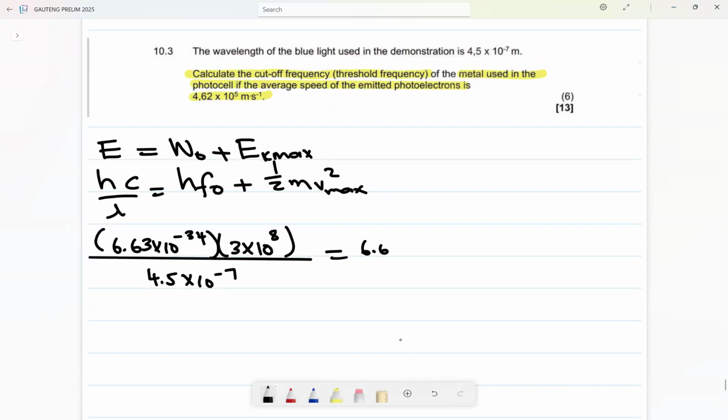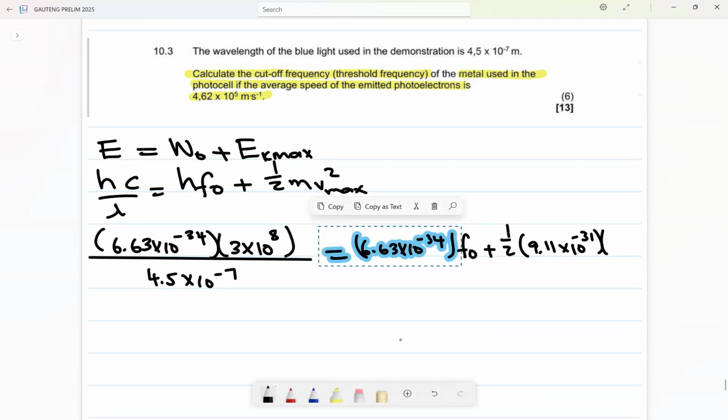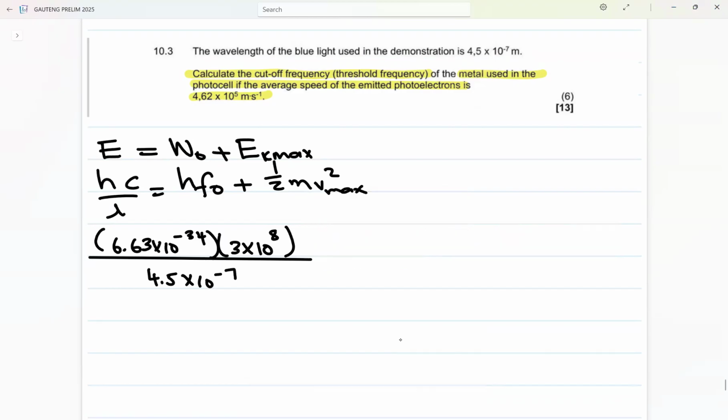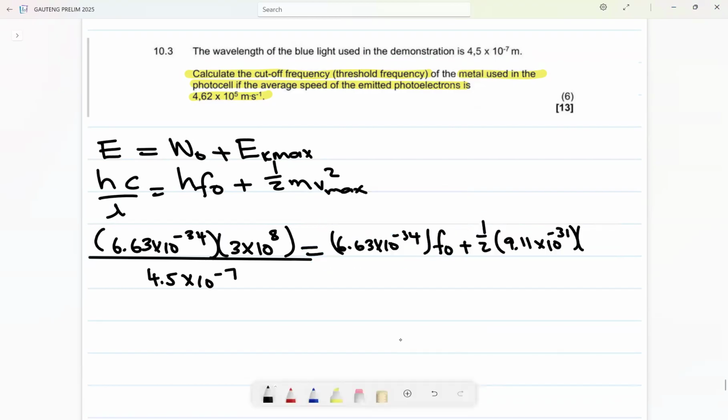And then 6.63 times 10 to the power of negative 34 multiplied by the threshold frequency plus half the mass of the electron, which is 9.11 times 10 to the power of negative 31, and then the speed, it is 4.62 times 10 to the power of 5, and you need to square that.